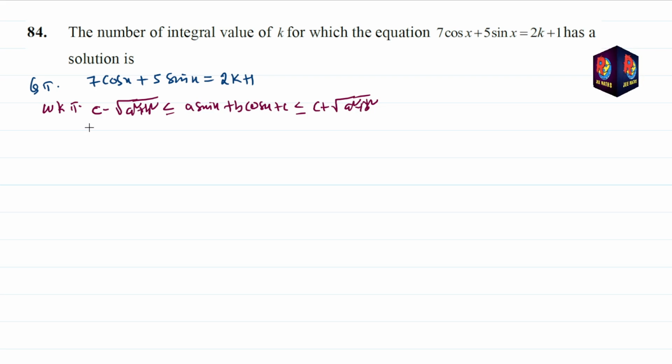By applying this formula, since c is not there, the left hand side will be 49 plus 25, so it will be 74.